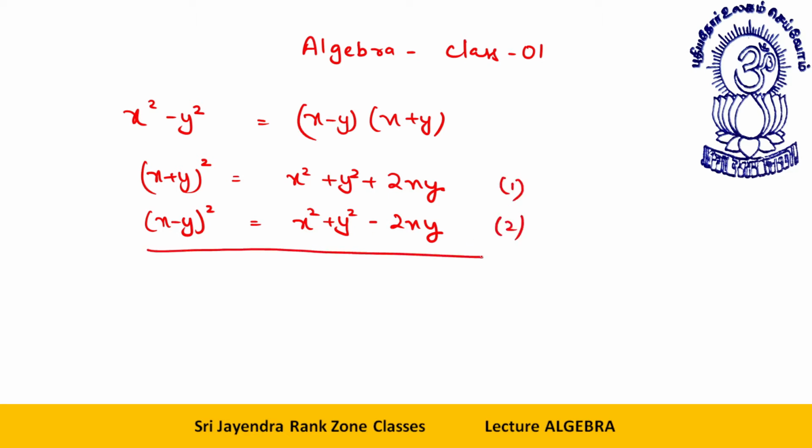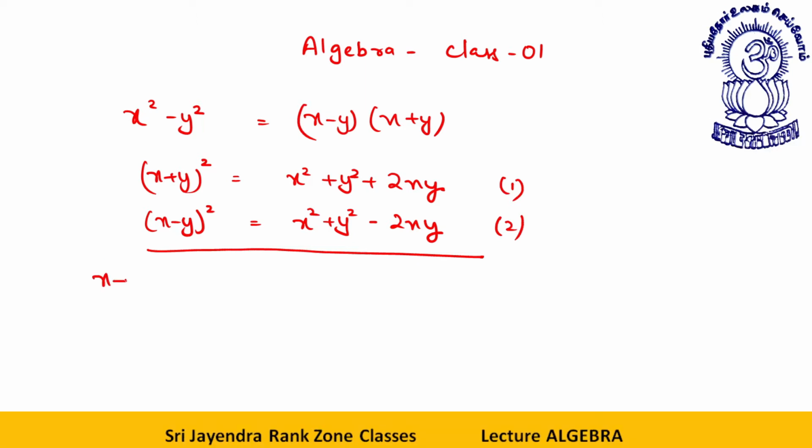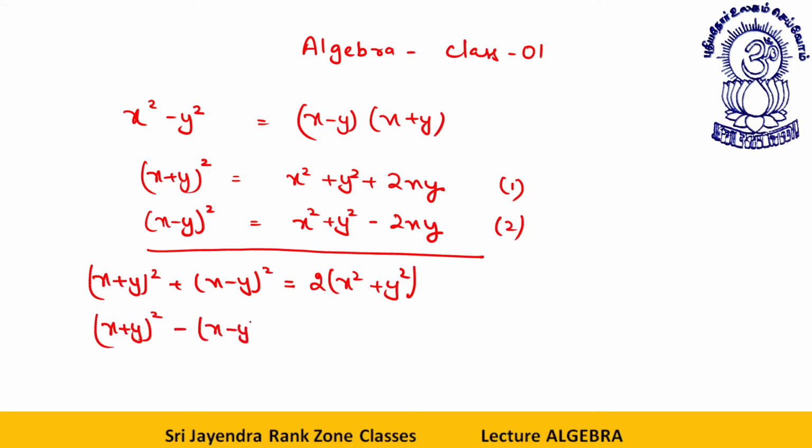Based on these, which formulas are frequently used? The sum of these two. If you are sometimes asked to add x plus y square and x minus y square, what will your result be when you add both of these? This and this get added up: twice of x square plus twice of y square. This cancels. Next, x plus y square minus x minus y square.